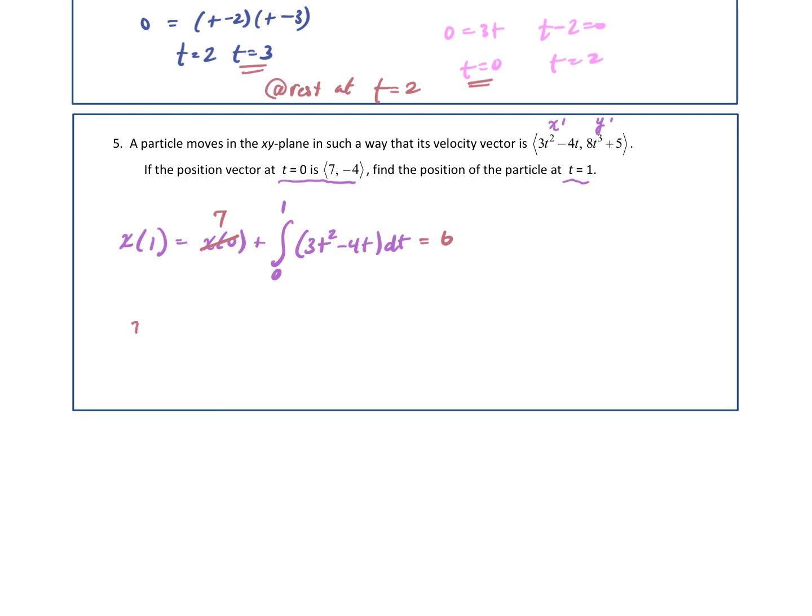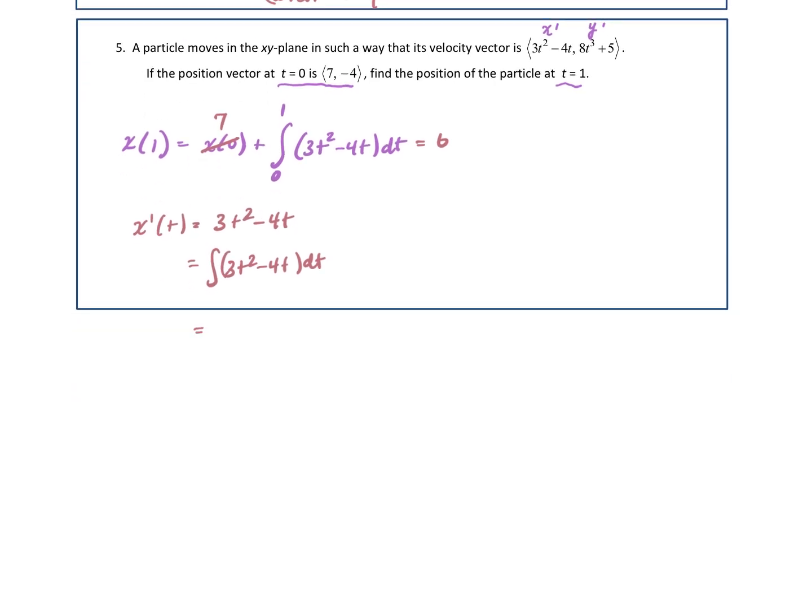Or what you could do is x prime of t is 3t squared minus 4t. We could simply integrate. If we integrate, we get 3t cubed over 3 minus 4t squared over 2 plus c. Okay, but we know that when t equals 0, x equals 7.